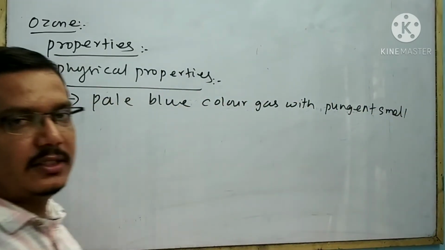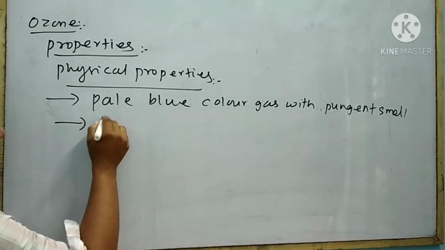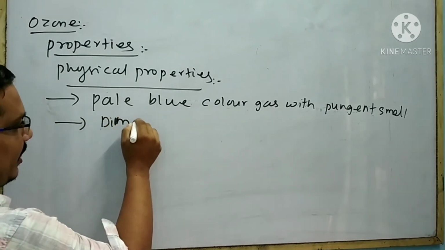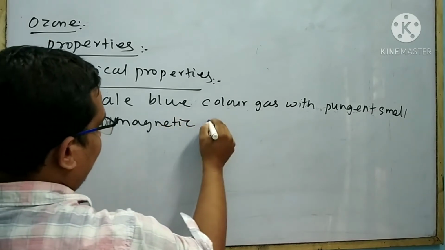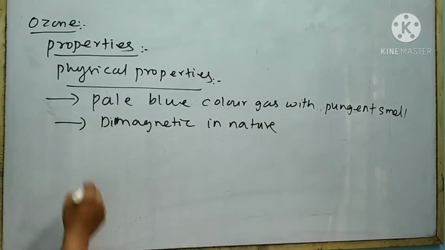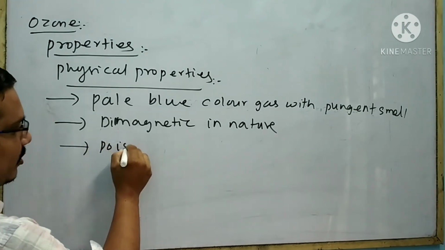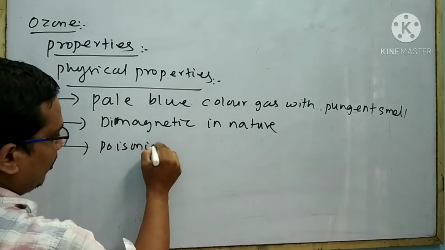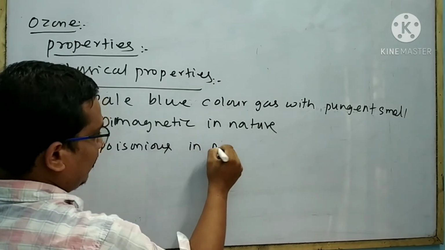Second point is ozone is diamagnetic in nature. Third point is ozone is poisonous in nature.